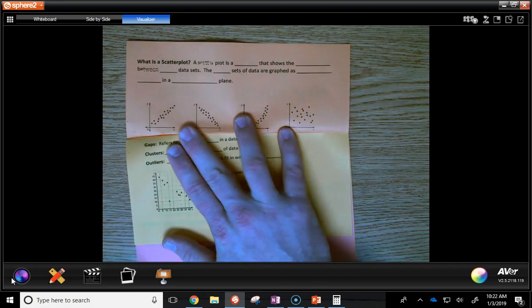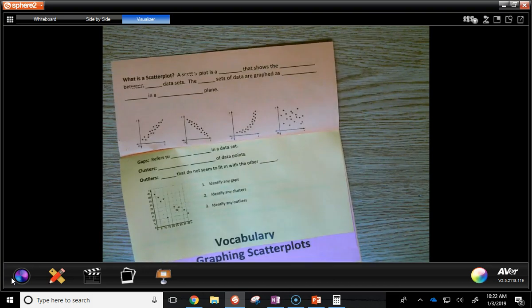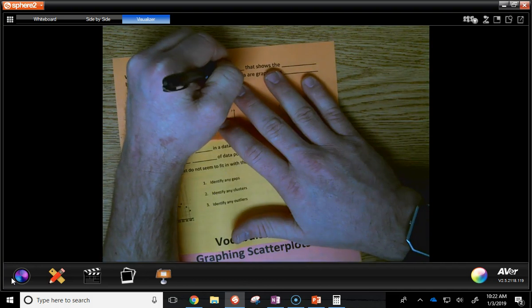So, when I look at this first one, it says, what is a scatterplot?